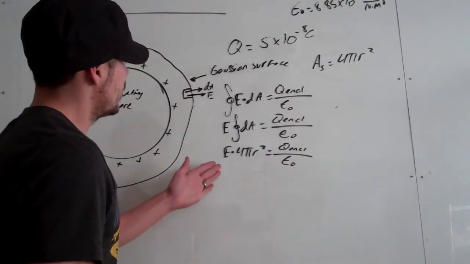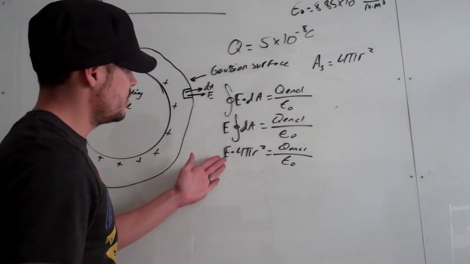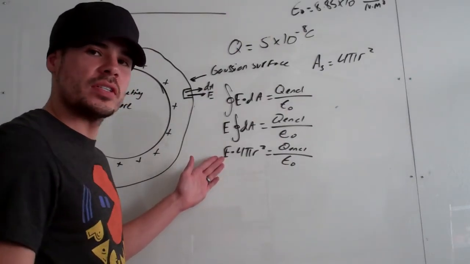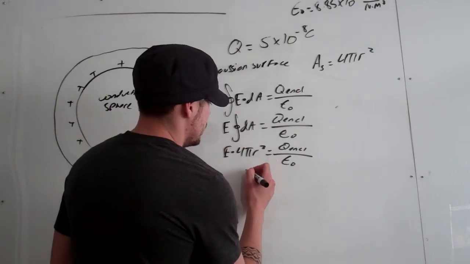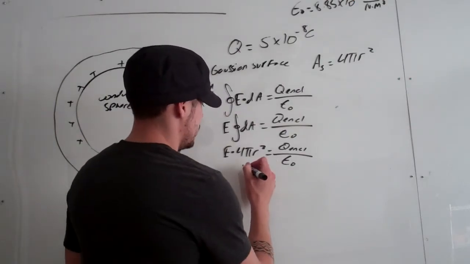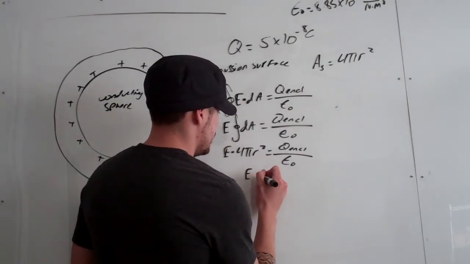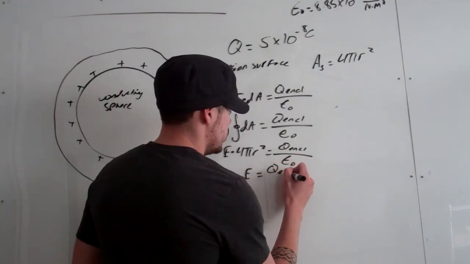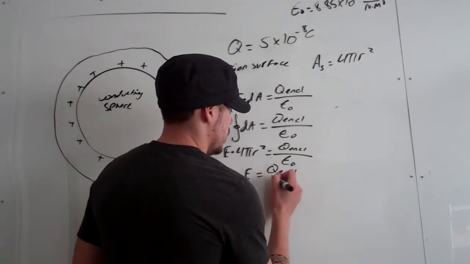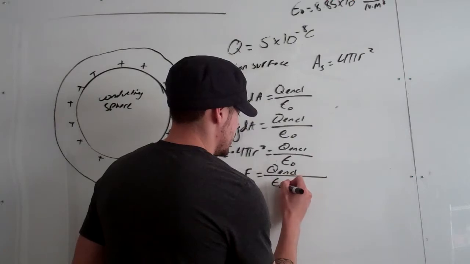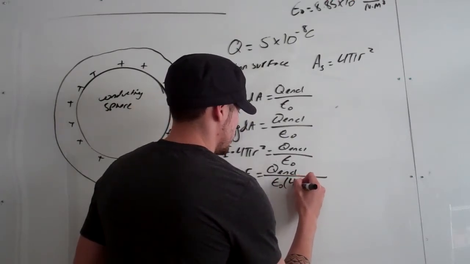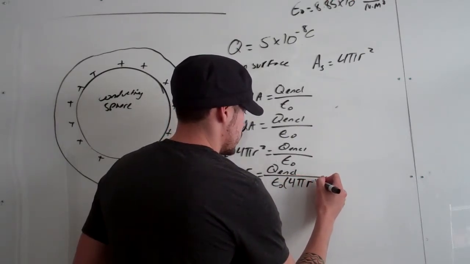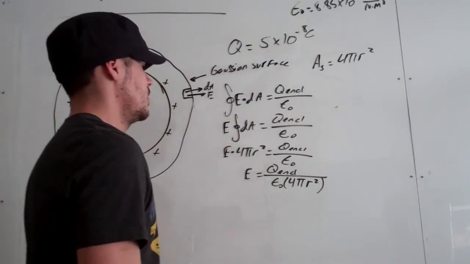Okay, good. If we want to find the E field at a certain radius, then we're just going to solve for E, supposing that we already have the radius. So E is equal to Q enclosed over epsilon naught times 4 pi r squared. Okay.